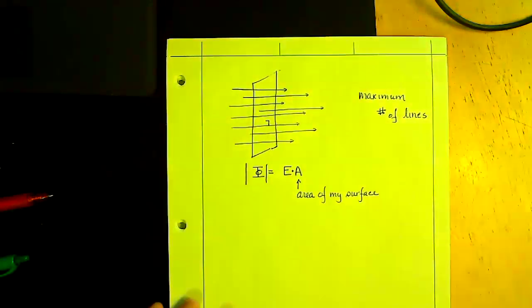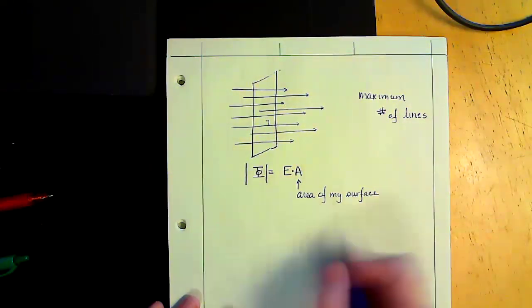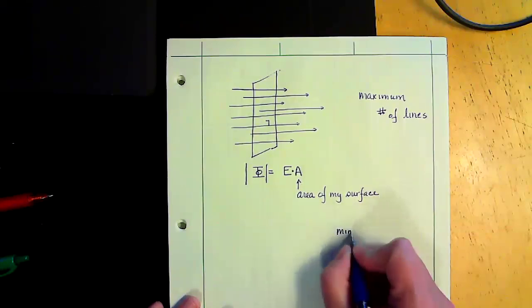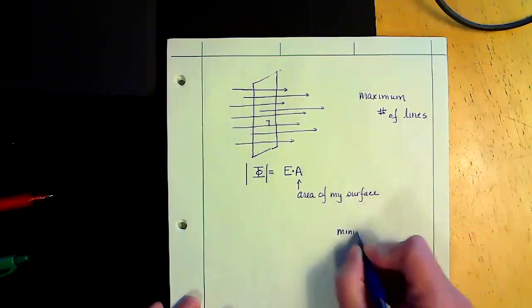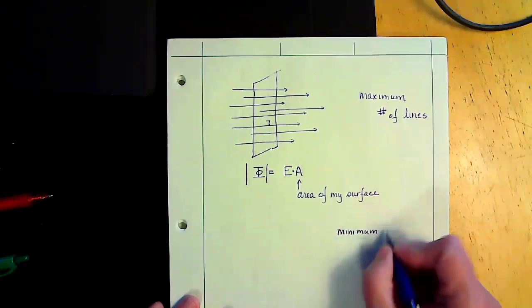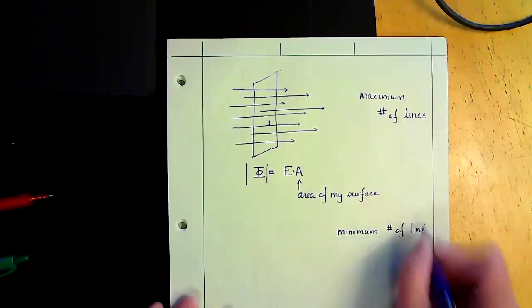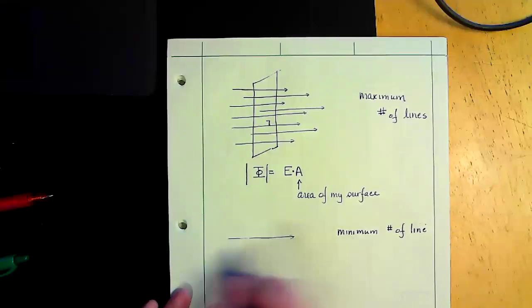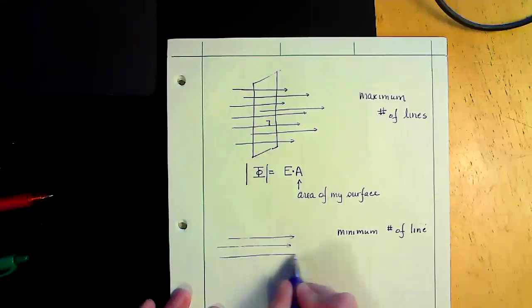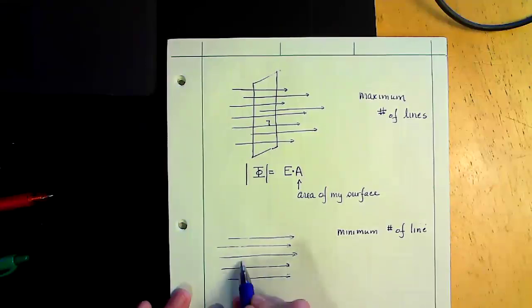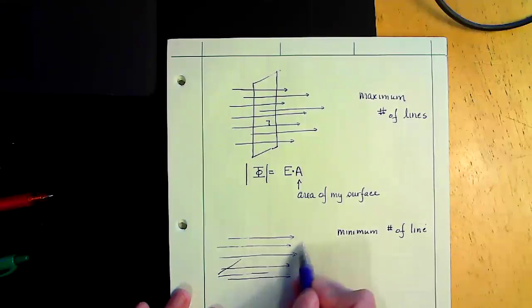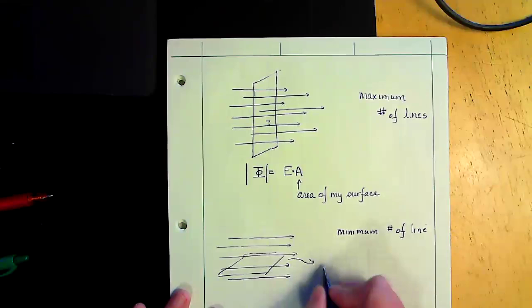We can take these things together because then if I want to do the minimum number of lines in this situation, here are my lines, right? I'm going to put my surface such that it's what we call parallel. So the surface is parallel to the lines.